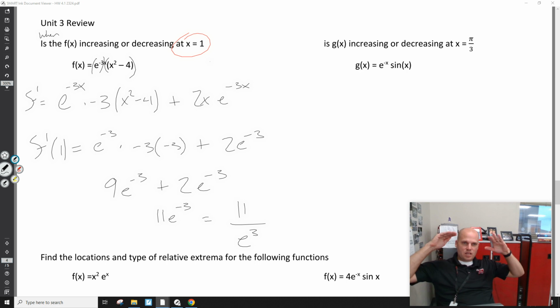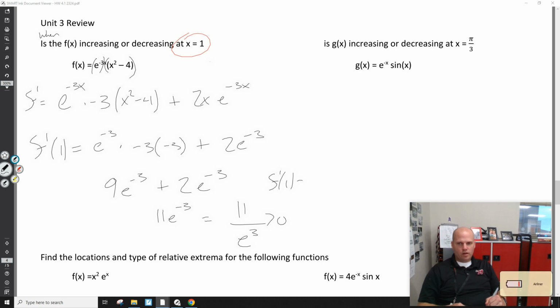What's very, very important is that e to any power is always going to be positive. Take an exponent, no matter whether it's positive or it's negative or it's 0, you will get a positive number. This is important. That means this is positive. It's greater than 0. F prime of 1 is positive. Since f prime of 1 is positive, f is increasing. 11 over e cubed y's per x.